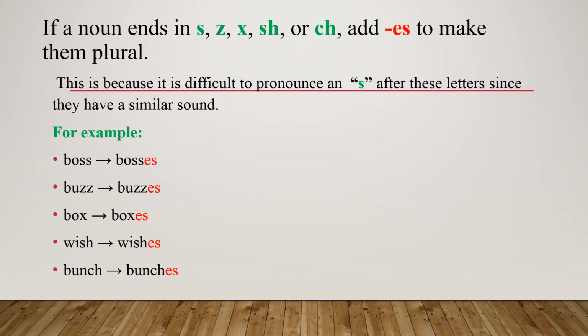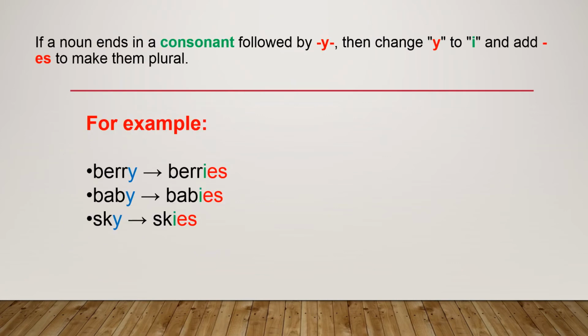Now, if a noun ends in s, z, sh, x, or ch, here you add es to make them plural. This is because it's difficult to pronounce an s after these letters since they have a similar sound. For example, bus, buses, box, boxes, wish, wishes, bench, benches.